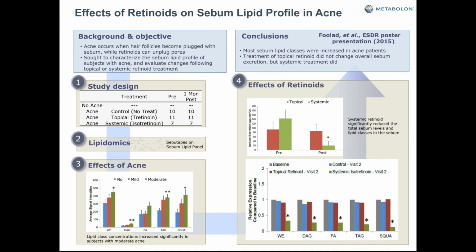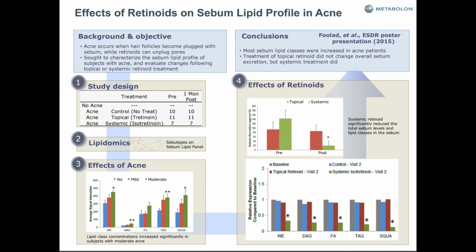The past two examples are on the global metabolomics, and the next two examples I want to share with you are using the sebum lipid panel. For this specific study, the investigator is interested in the impact of acne versus no acne on sebum lipid production, and, for people with acne, the impact of topical and systemic treatment.